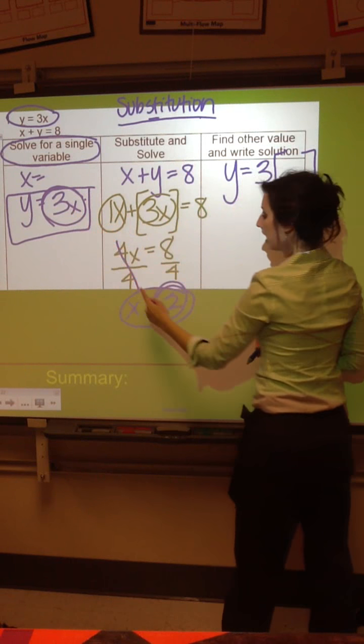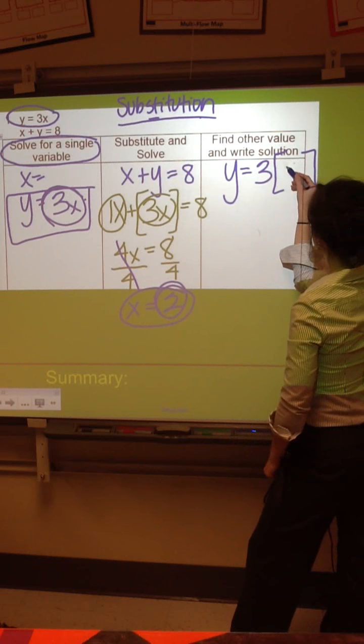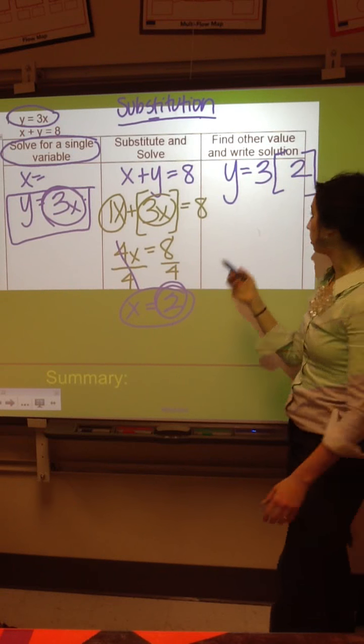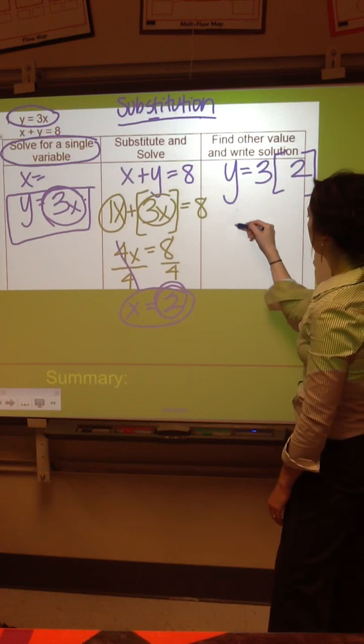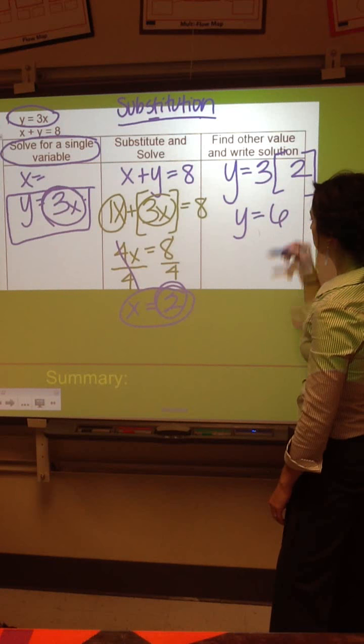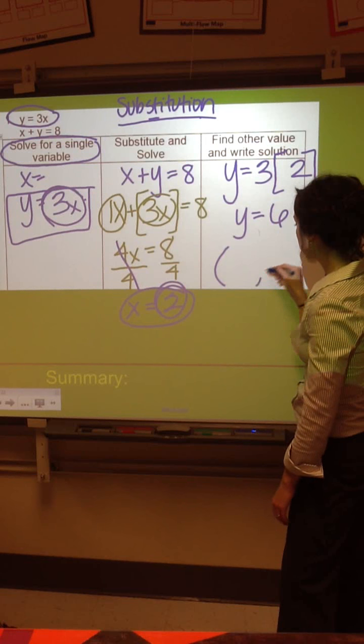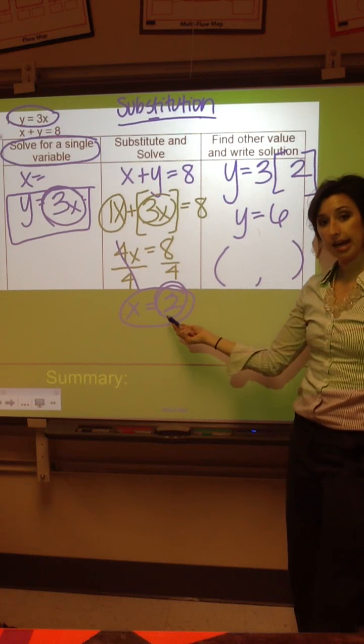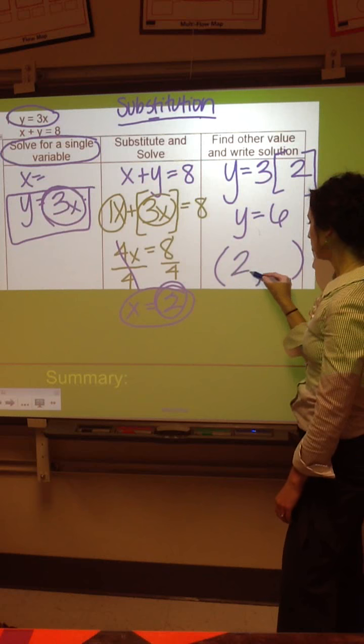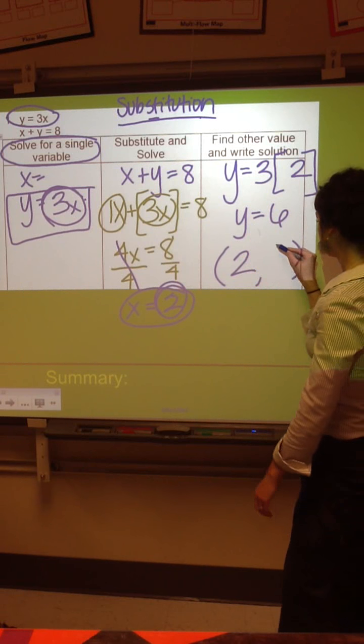My new x is going to be 2. So real easy. What is 3 times 2? y equals 6. So my ordered pair, x comma y, x was 2 and y is 6.